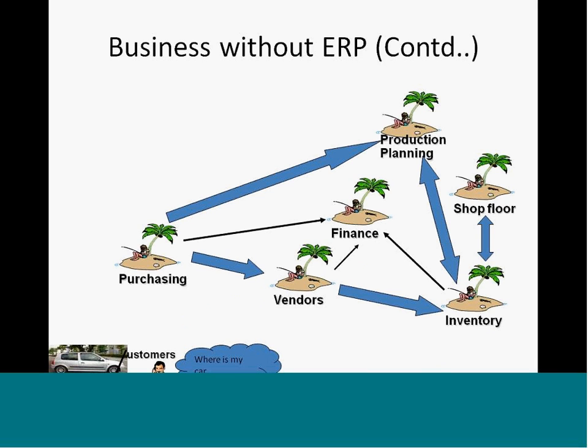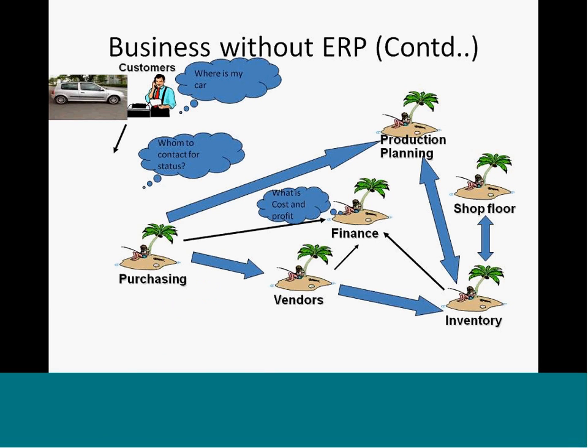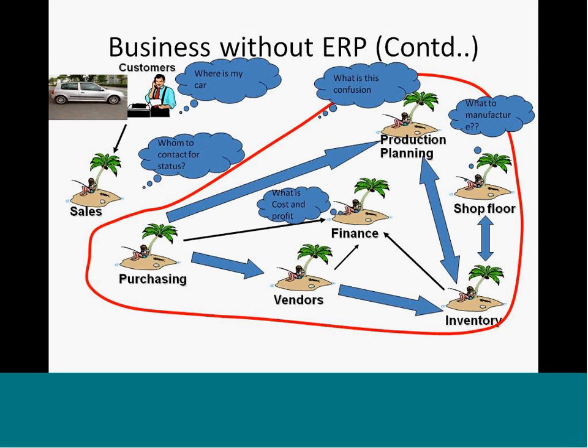By the end of the day, you're going to lose the valuable customer. When there is no proper channel to contact, we can't know the status of the product or the order. Without ERP, that's the main problem in any organization.